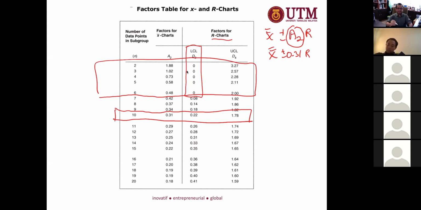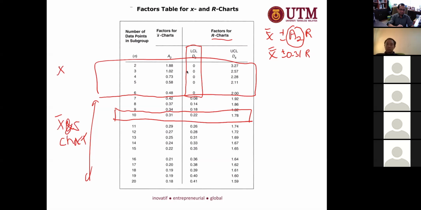So that's why statisticians recommend that if we have more than 6 samples in each subgroup, use the X bar and S chart.